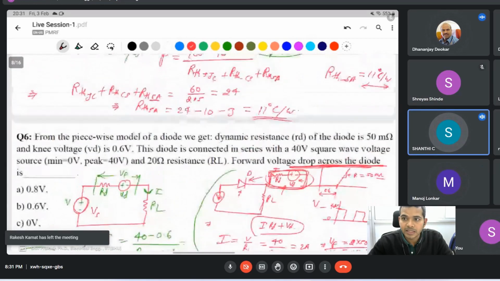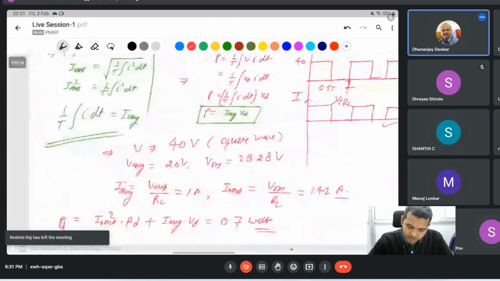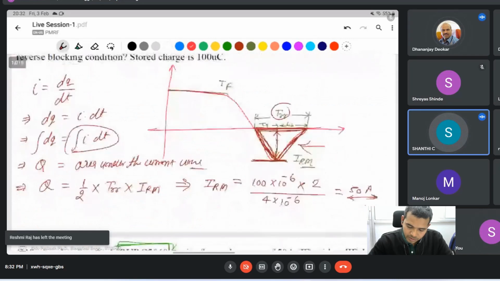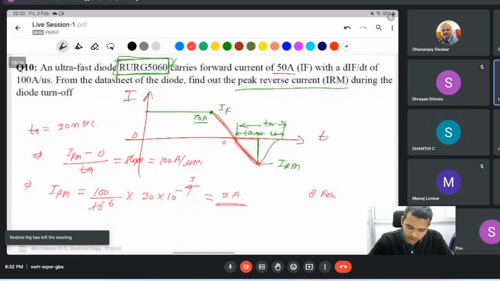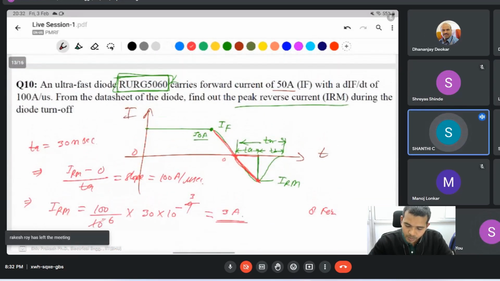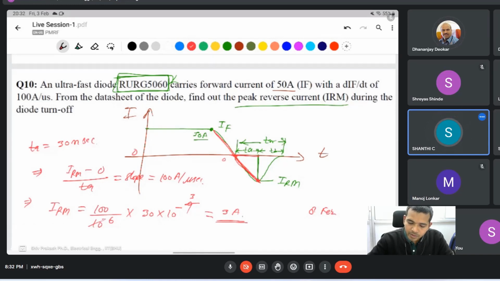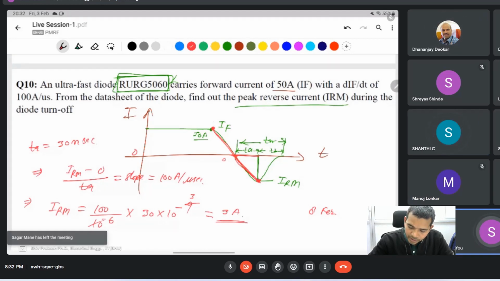Sir, one doubt in the last question. Tell me. So the dIF by dt is the slope of the forward current, no? Like it is from IF to 0, sir. It will be coming till IRM, the slope. If you take this one from here to here, then you take total time from here to here, then this is the slope.